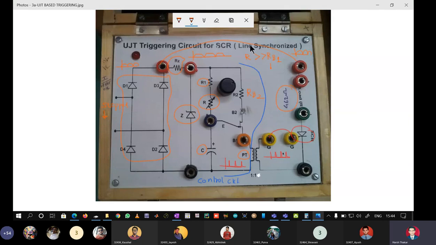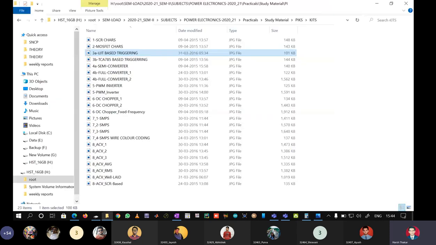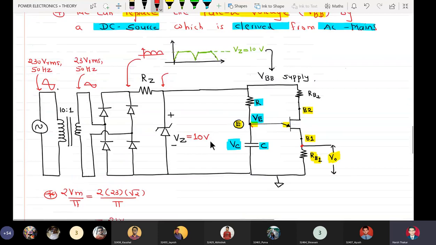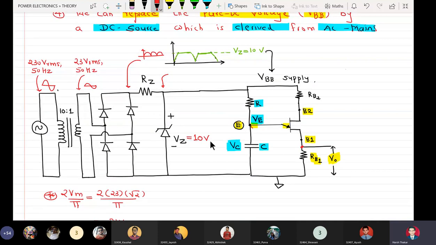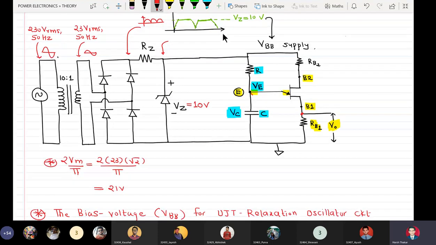So now you will be able to appreciate when you come to the lab why this UJT triggering circuit is the way it is, because the explanation is given here in the theory class. Okay, so the only difference is that they have replaced this with a variable resistor. So we'll make the changes here also.